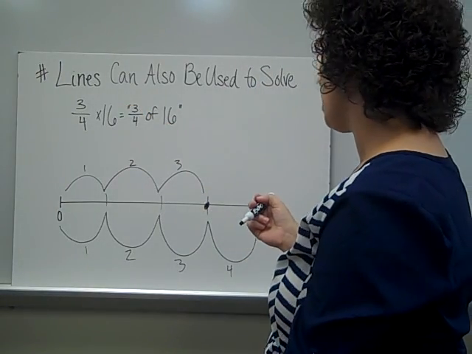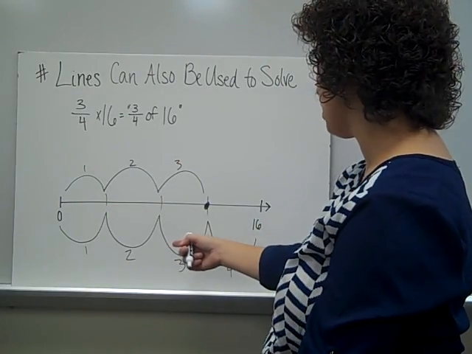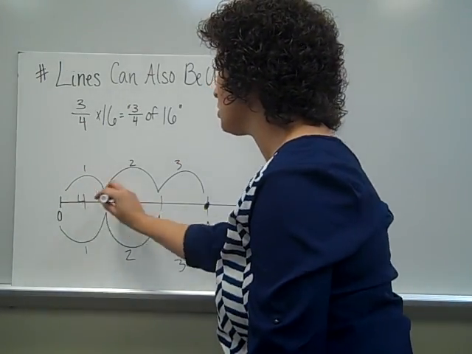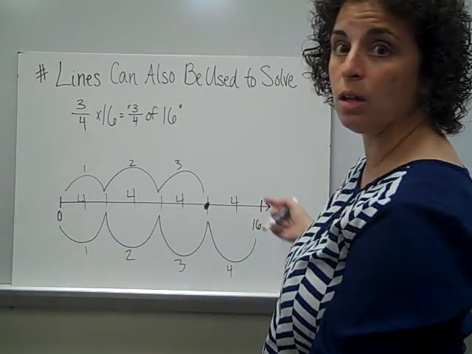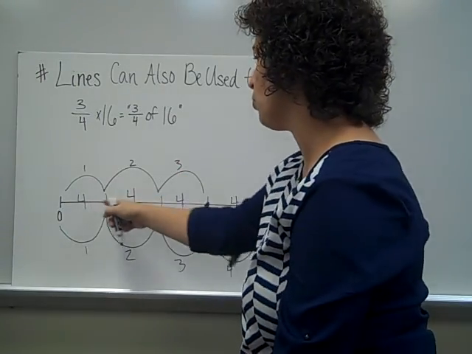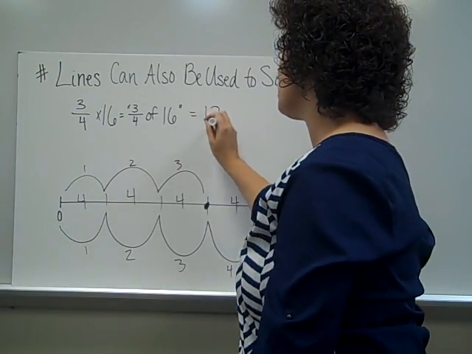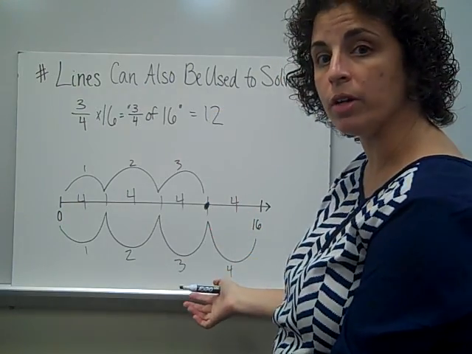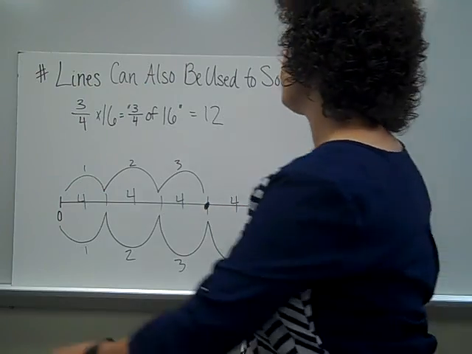Well, how much is each part worth? 16, my line has been cut into 4 parts, and so that means that each part is worth 4. We don't get all of the parts, we only get 3, so 4 plus 4 plus 4, or 4 times 3, would be 12. So again, I'm solving the same way, just with a line instead of a rectangle.